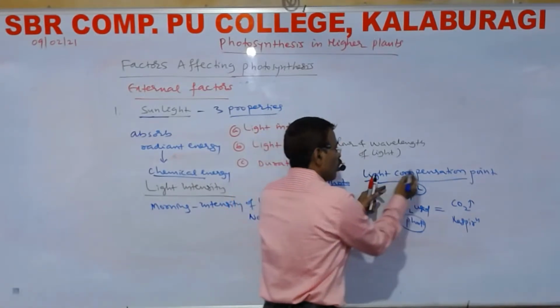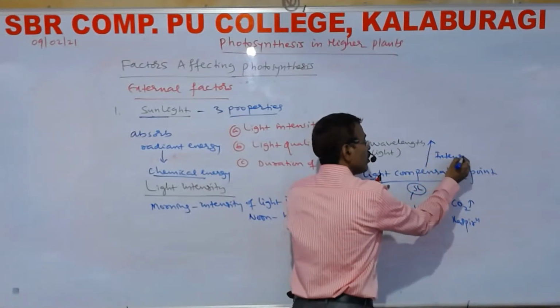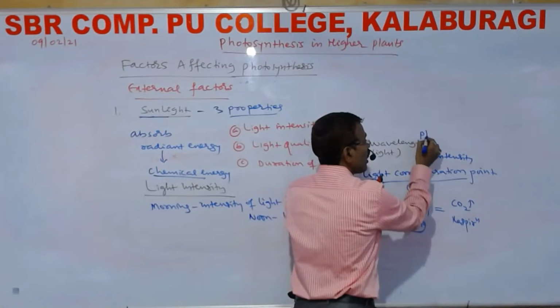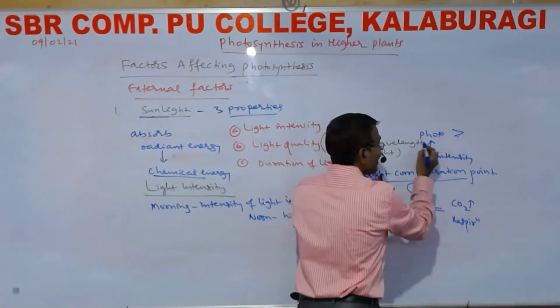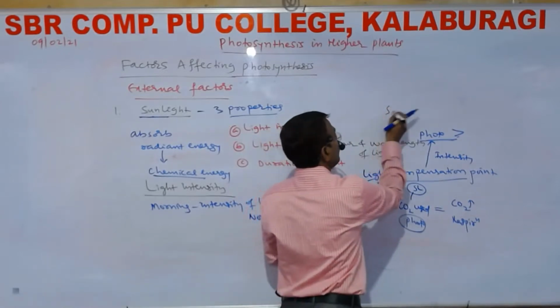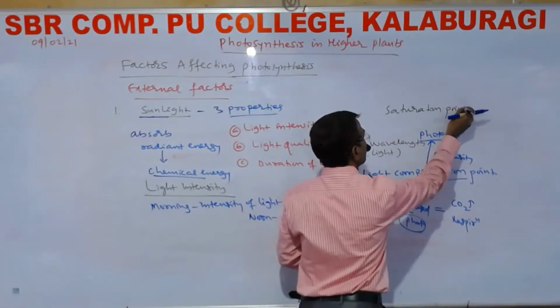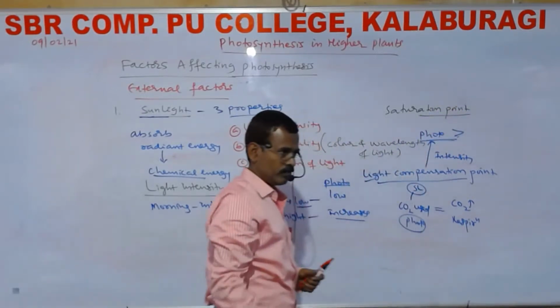From the light compensation point, if you increase the intensity, the photosynthesis rate goes on increasing up to the saturation point, up to a certain limit.